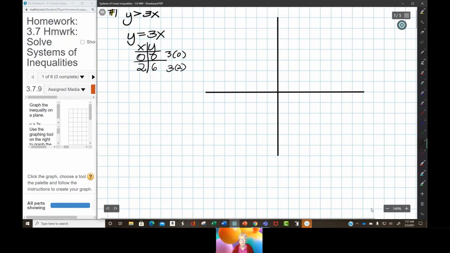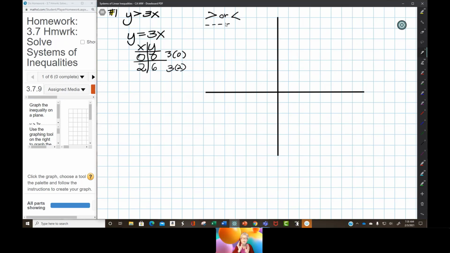Okay, now I'm going to graph the line, but we have to talk first. This is called a strict inequality. Whenever you have an inequality that you're going to be graphing, and it's a strictly greater than or a strictly less than, your line is going to be dashed.